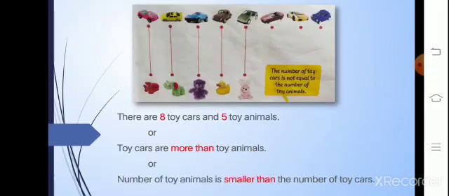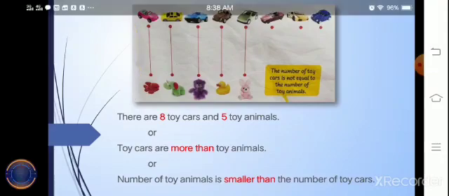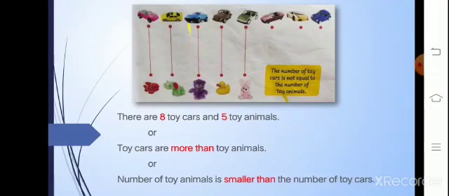In the next example, there are 8 toy cars, as you can see here, and there are 5 toy animals. Now we compare these two numbers. If I make pairs, then what we see here is there are 3 extra toy cars, or we can say there are 3 more toy cars than toy animals.